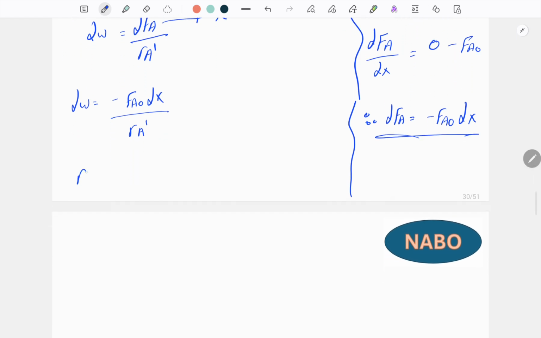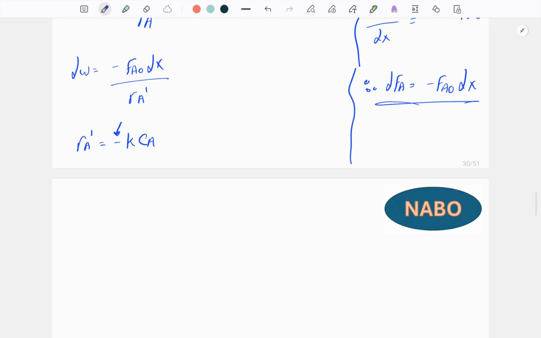Now the rate of reaction is pretty much the same as we stated earlier in the previous videos. It can be first order, second order, a mix of reactants, but for simplicity, as always, we'll use a first order rate of reaction. This negative here is because the rate of reaction is of A, and A is a reactant being consumed.